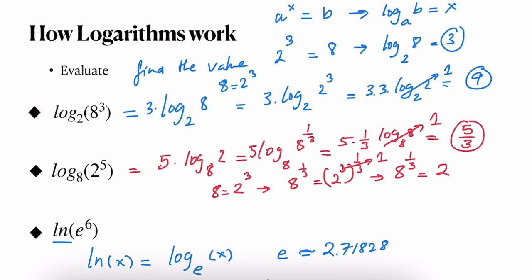All right. Again, we can use the power rule to move 6 to the front of the natural log term. And knowing that natural log of e should equal 1, the value of this log term is 6.